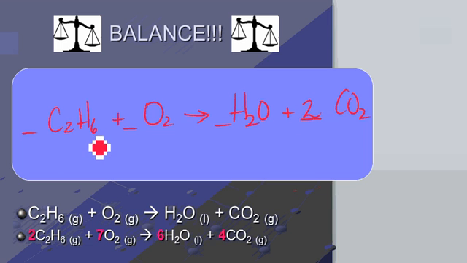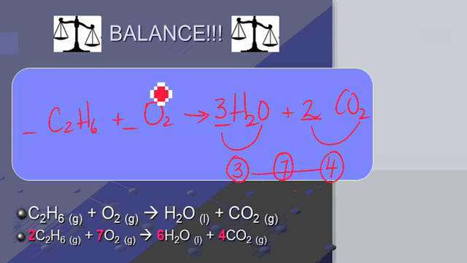We have 6 hydrogen, we have 2 over here, so let's make that a 3 to make that 6. These are the hard ones because you have to leave the oxygen to last, and this is why. Right now we have 2 times 2, so we have 4 oxygen right here, and we have 3 right here. Now that gives us a total of 7 oxygen.